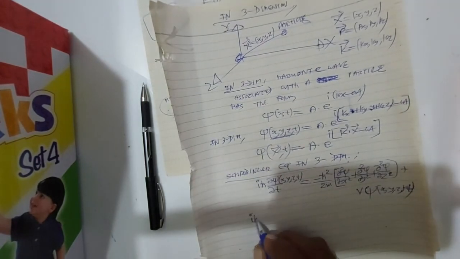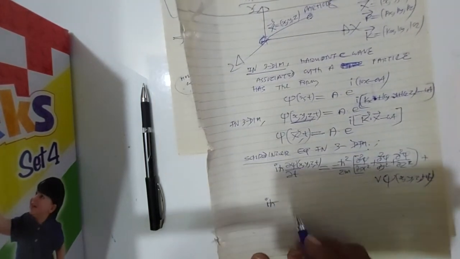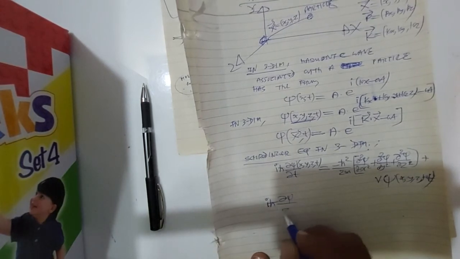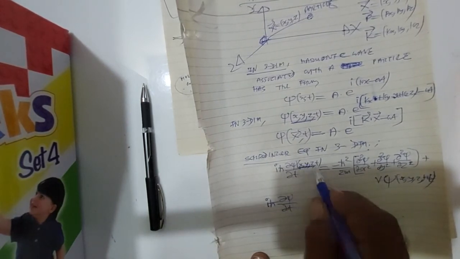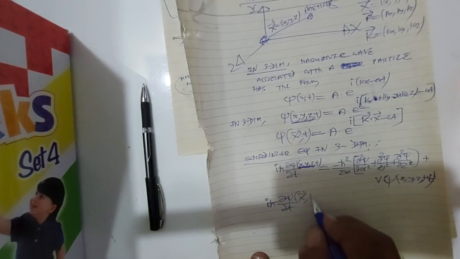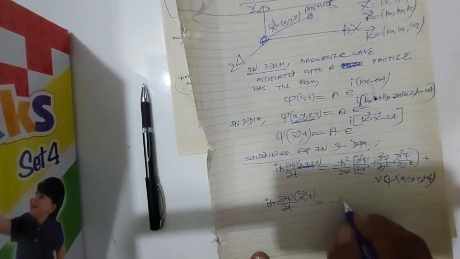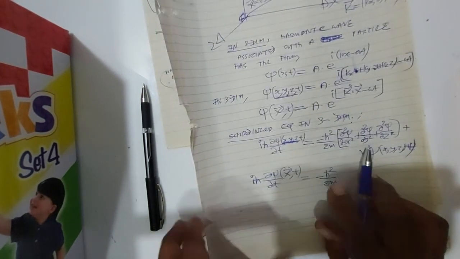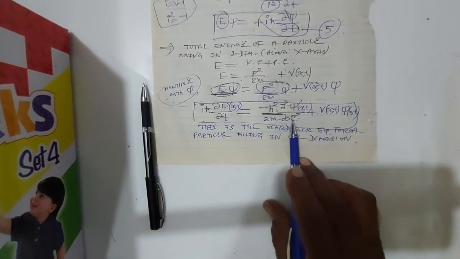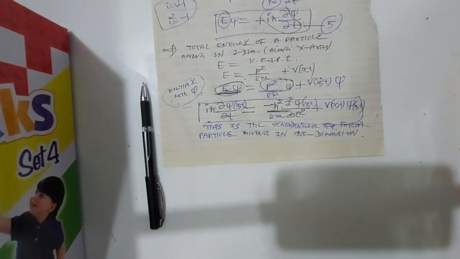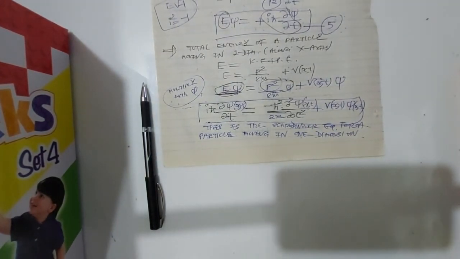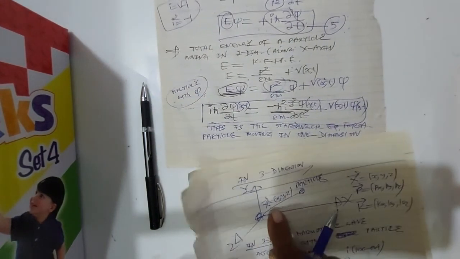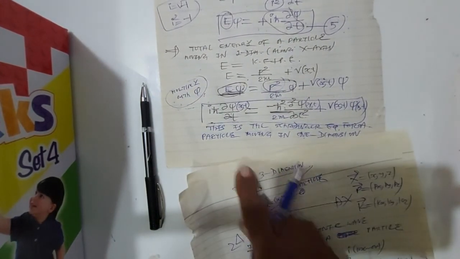So i h cross d psi by dt, where psi is a function of capital X and t, is equal to minus h cross square by 2m, right? In 1 dimension you write a single term, d square psi upon dx square, but in 3 dimension the wave function is changing in the x direction, y direction, z direction.